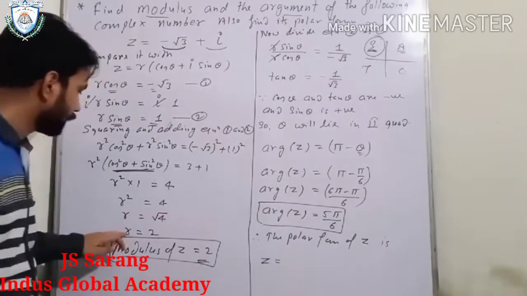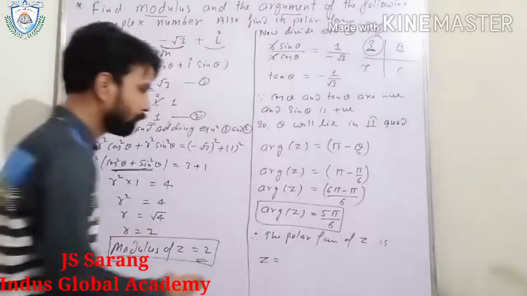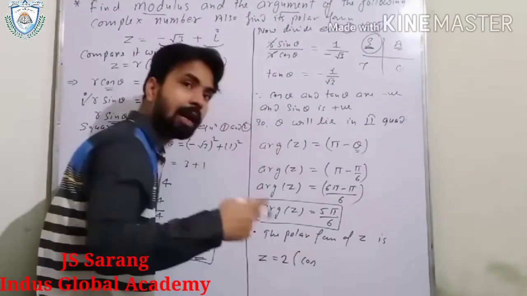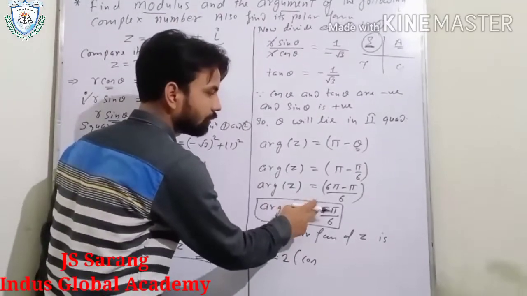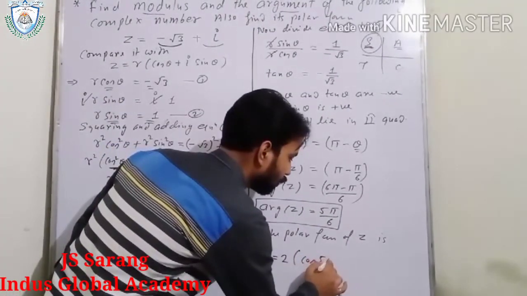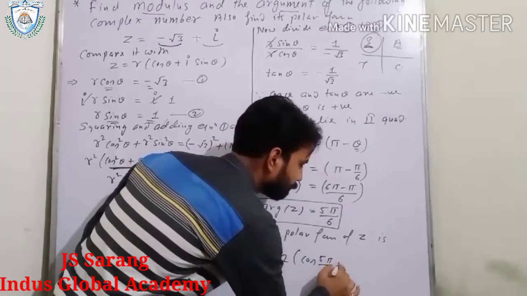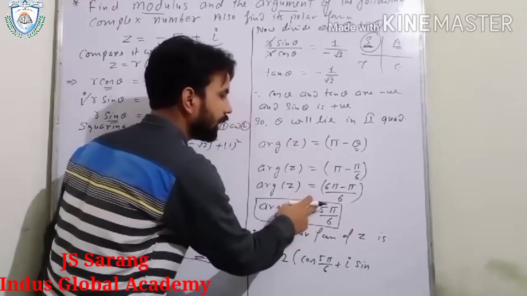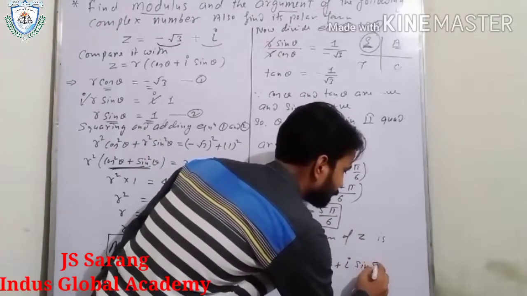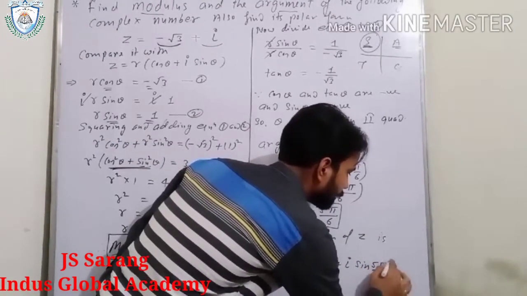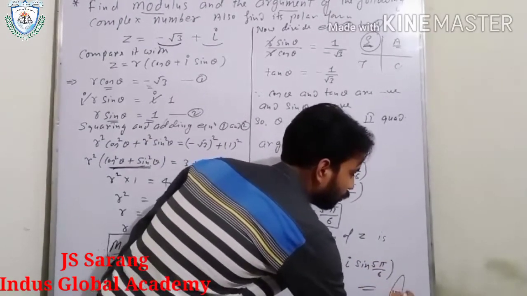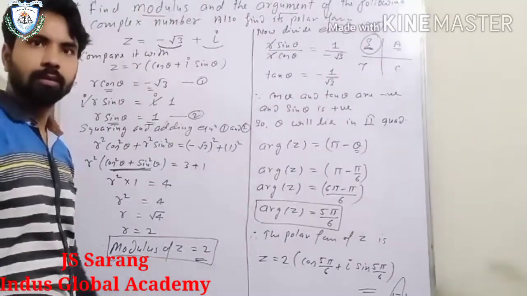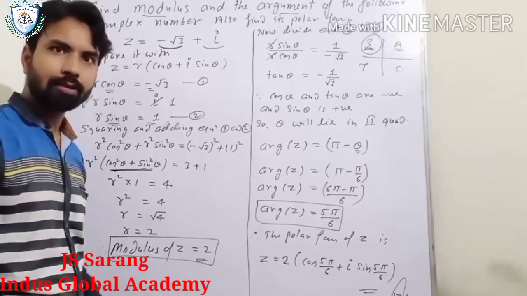The value of r is 2, into cos theta, where theta is the argument, 5 pi by 6. So cos 5 pi by 6 plus i sin theta, where theta is again the argument, 5 pi by 6. So this is the polar form of this complex number. Hope it is clear. Understood?